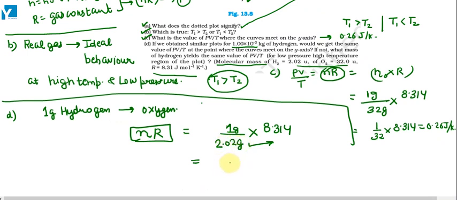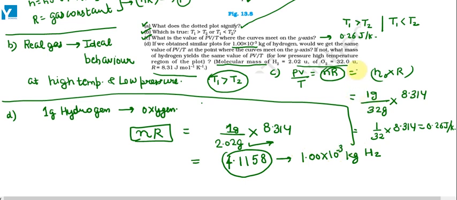So on solving this, this comes out to be 4.1158. So this will be the value of nR in the case of 1.00 into 10 raised to minus 3 kg of H2 gas.